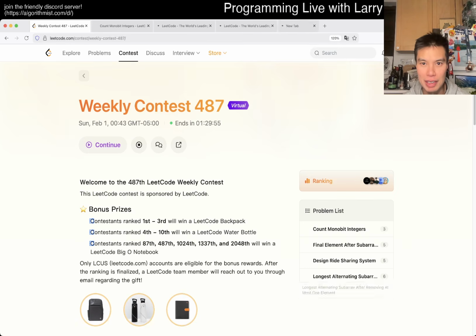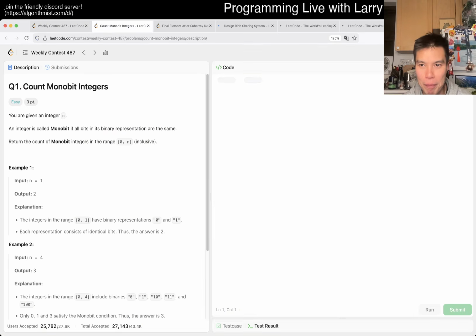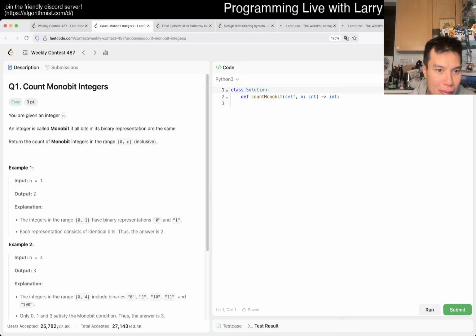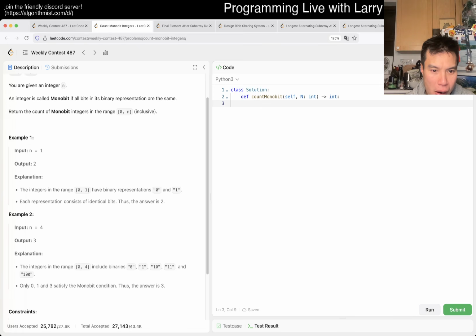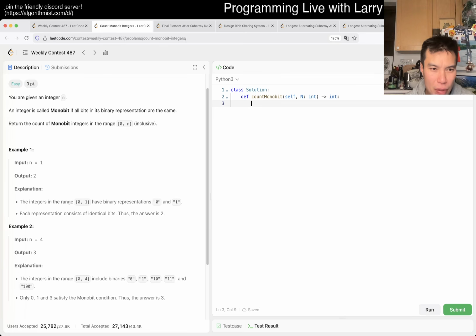How come the last click doesn't work? Huh? I don't know. The UI is just bad. Alright, let's go. A monobit of orbit. Number of count. Okay.